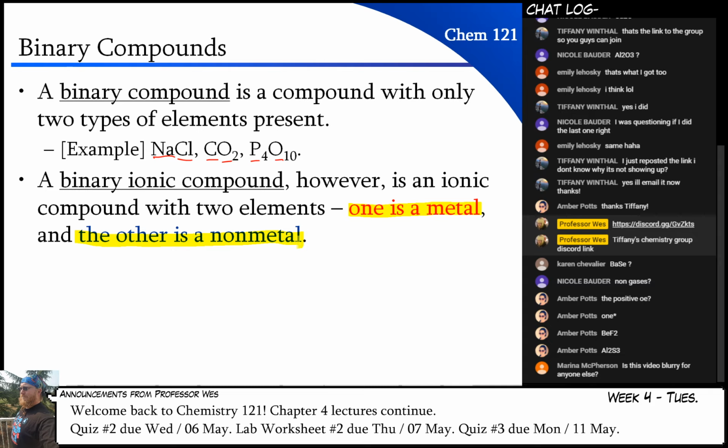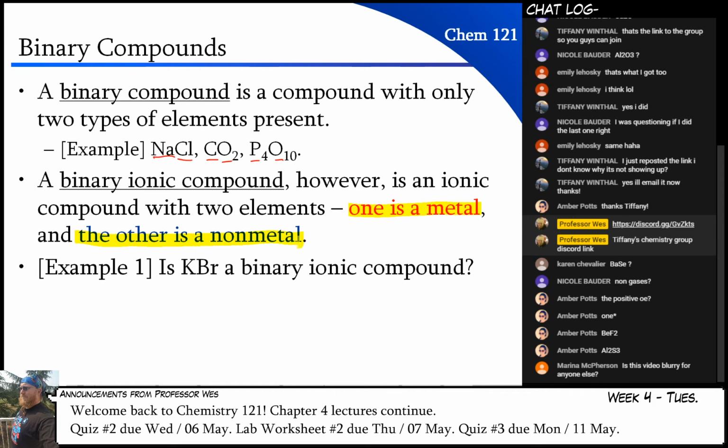If you have a compound where you've got a metal and nonmetals bonding, you are working with an ionic compound. There are one or two exceptions that we'll talk about later when we get to polyatomic ions. But for the most part, if you see a metal, you immediately know that you have an ionic compound.